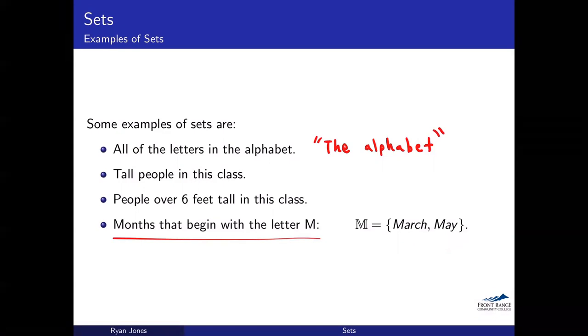It's a collection of all these objects. March and May, those are the months that begin with the letter M. So March and May, enclosed by these braces, gives me the set that I'm going to call this script M, this capital M, which stands for the months that begin with the letter M. We'll do a bunch more examples so you guys will see more about what I'm talking about.